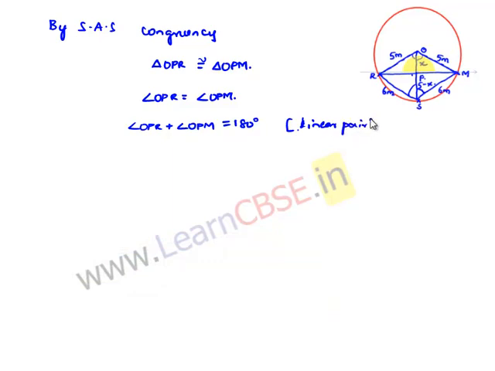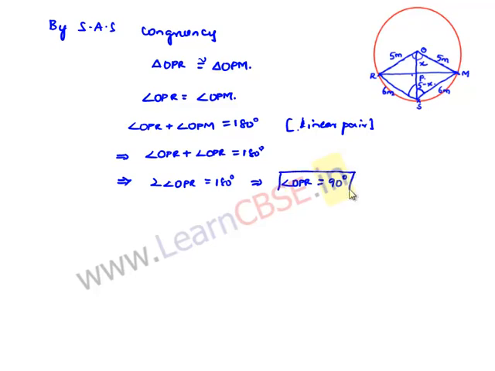Instead of angle OPM we can place angle OPR, which implies 2 times angle OPR is equal to 180 degrees, so angle OPR is 180 by 2, that is 90 degrees. Therefore triangle OPR is a right triangle.